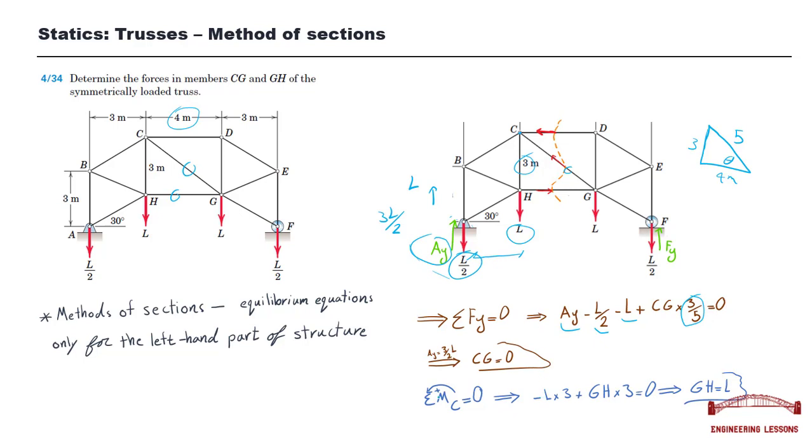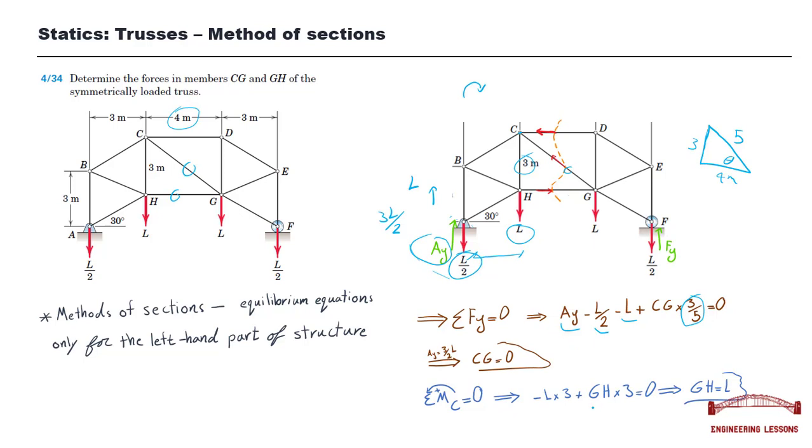Because we assume counterclockwise as the positive direction. Because Ry is greater than this external force, the resultant is L, it's upward, and it's causing clockwise rotation around point C.